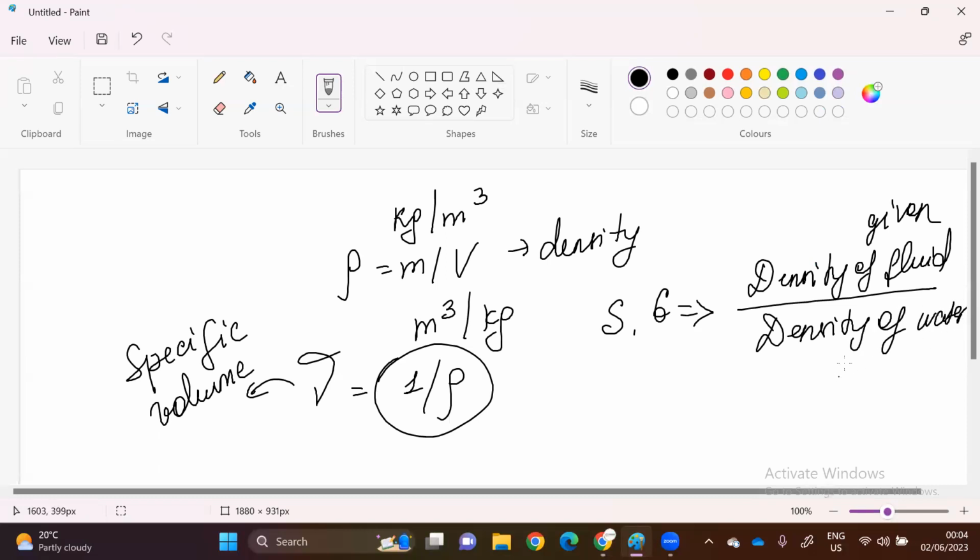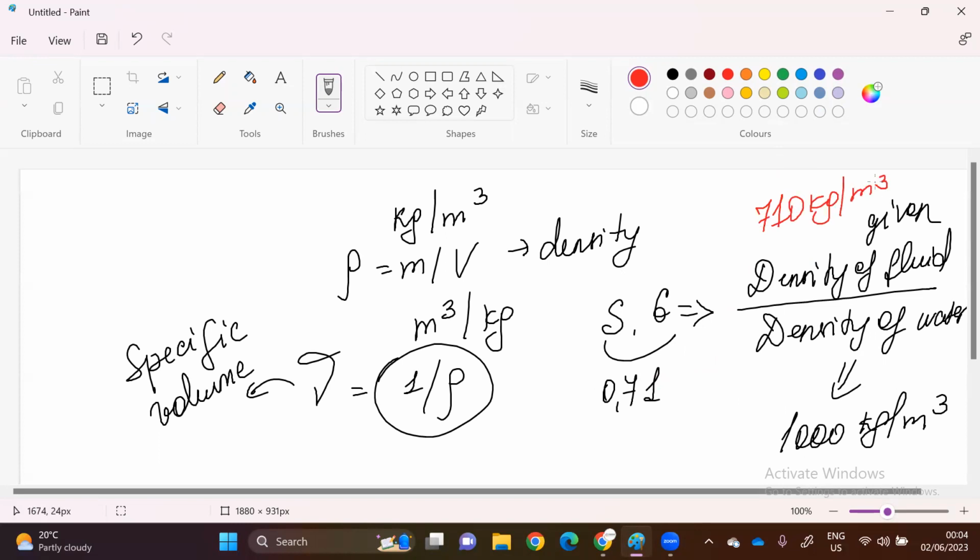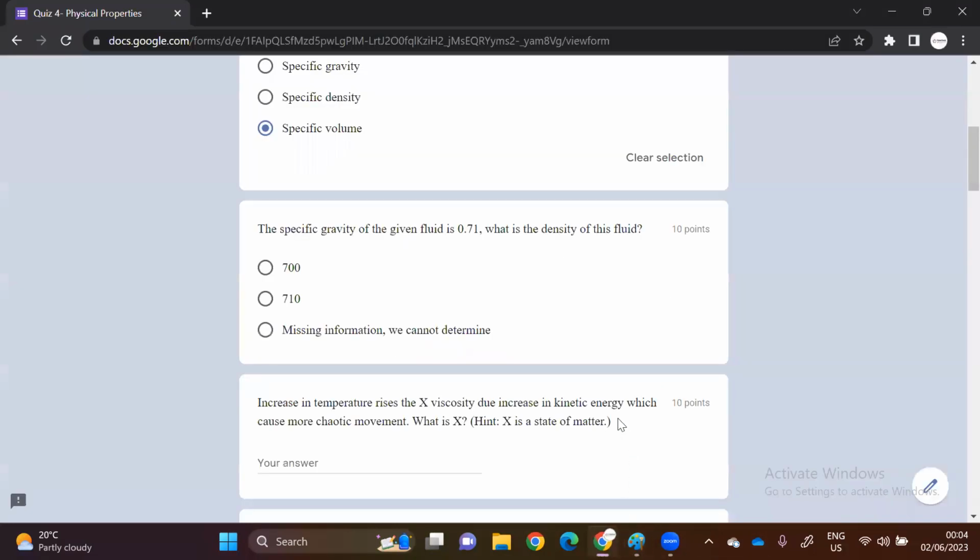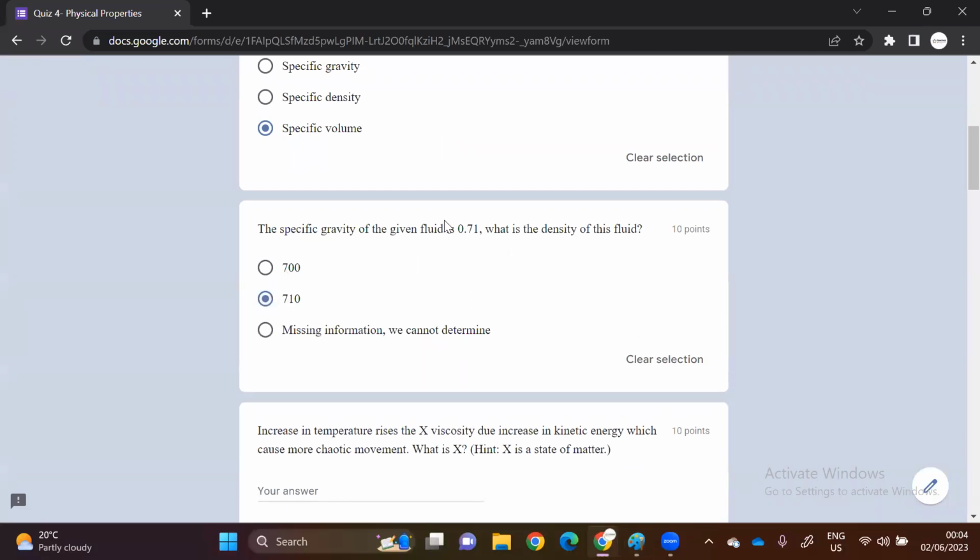Density of water is accepted, at normal conditions, as 1000 kilogram per meter cube. This is a unitless factor and it was given as 0.71. It means that we need to multiply this specific gravity by the density of water and we'll get exactly 710 kilogram per meter cube. So let's see if we have any answer like this. Missing information? No, we can find it, 710.